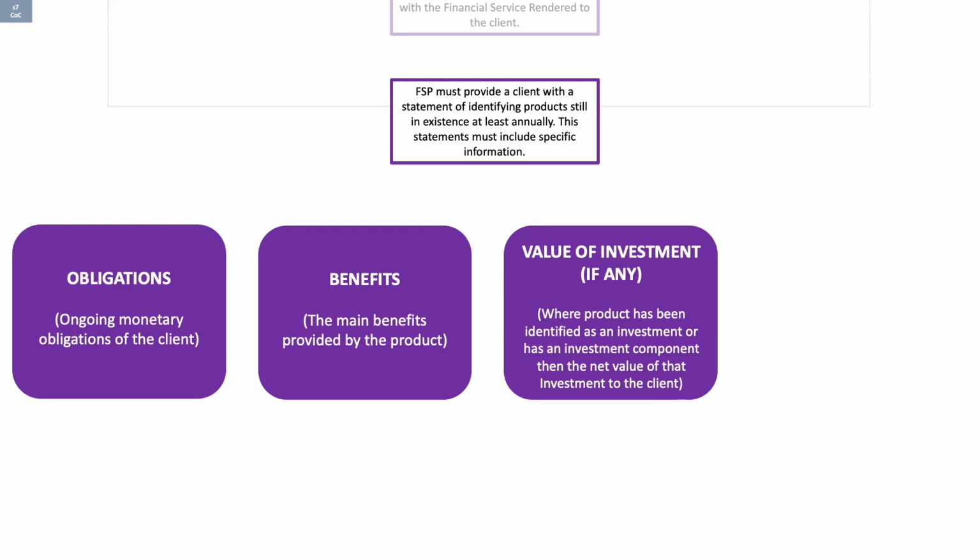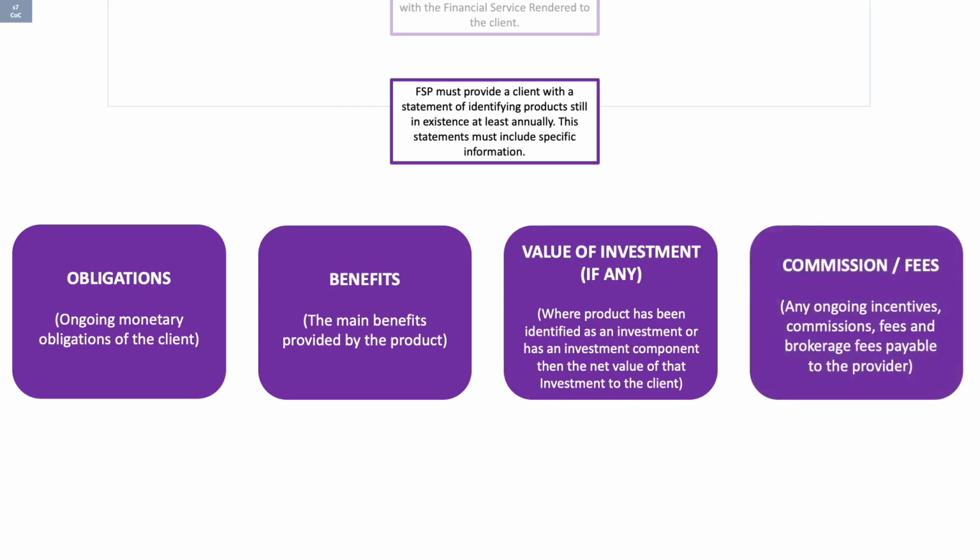Where a product has been identified as an investment or has an investment component, then the net value of that investment to the client must be disclosed. Commissions and fees: any ongoing incentives, commissions, fees, and brokerage fees payable to the provider must be disclosed.